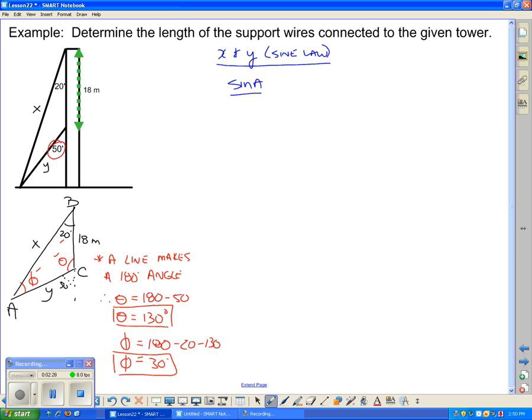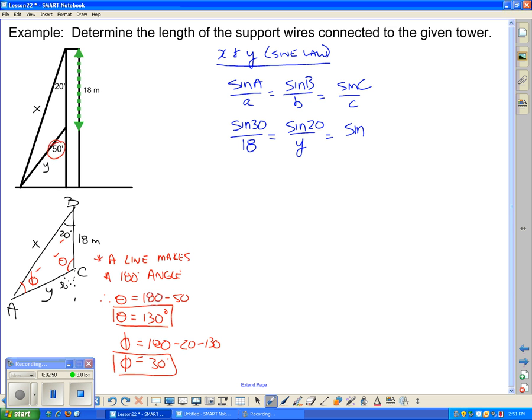So sine A over A equals sine B over B equals sine C over C. So sine of 30 over 18. That's going to be the reference or the pivot fraction. We know all the information in that one. B is 20 degrees, and it's our Y value.